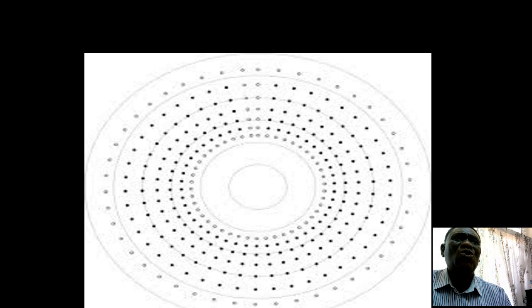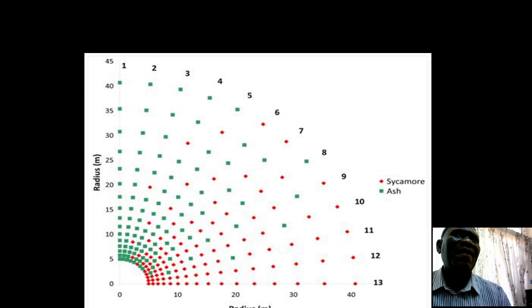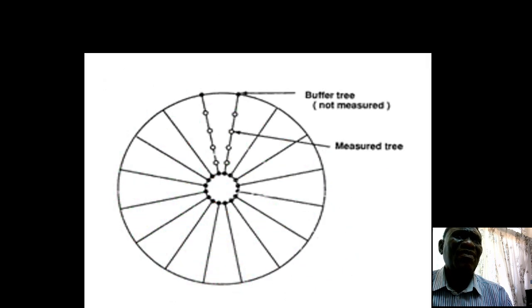As you go outwards, it's less dense, as shown here. More dense inside. As you go out, it's less dense. So probably yields decrease from the center, then they increase as you go outwards.